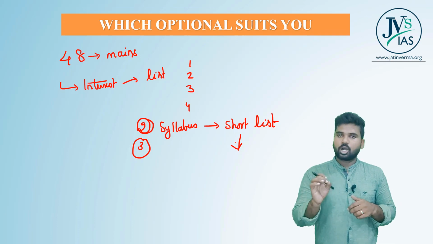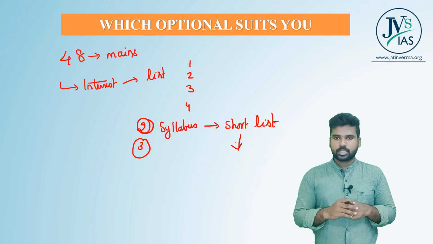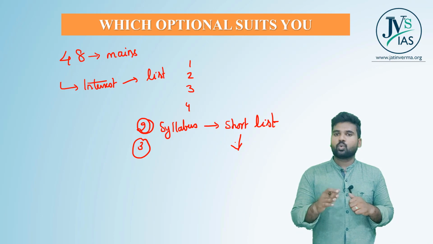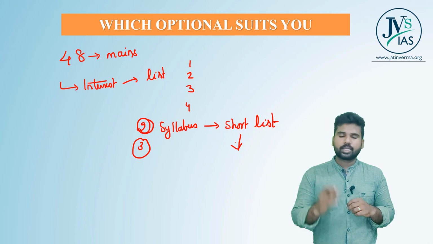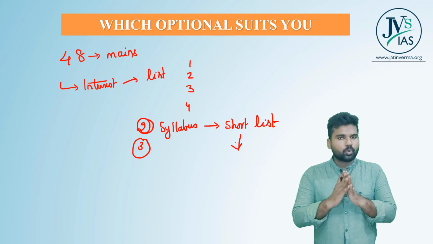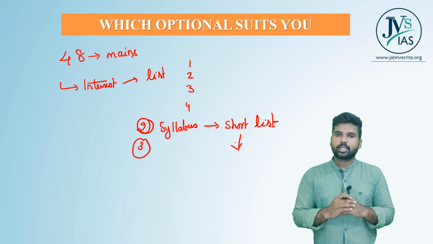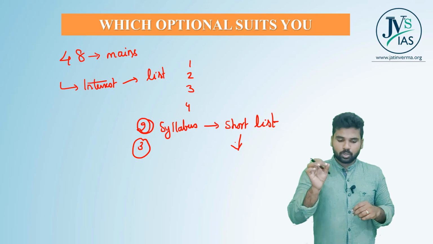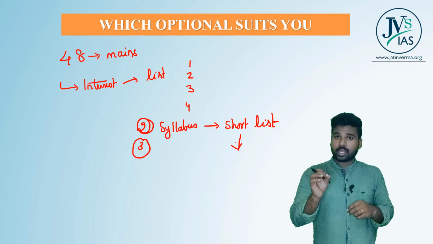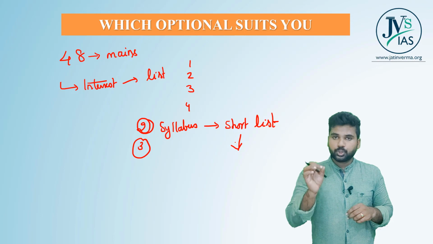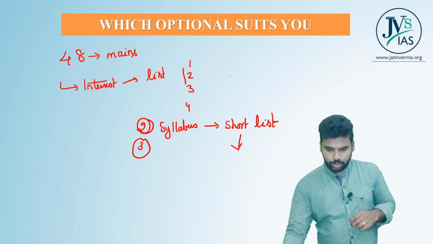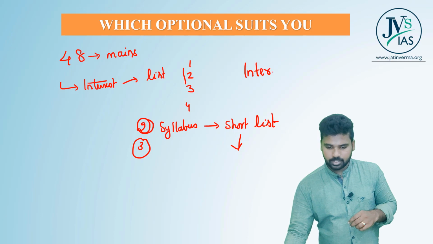So this is how one has to select the optional subject, and of course this is a general idea. If you want to deviate and take any other subject depending upon whatever random criteria you are using, that is also fine, provided you are confident about that and you are happy with the subject and, like I said, you are showing interest in that subject.